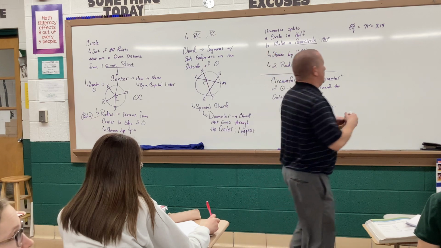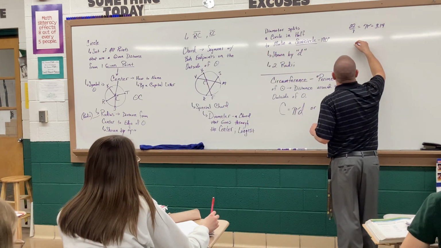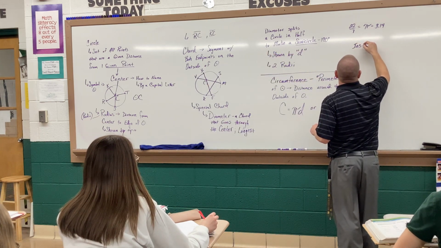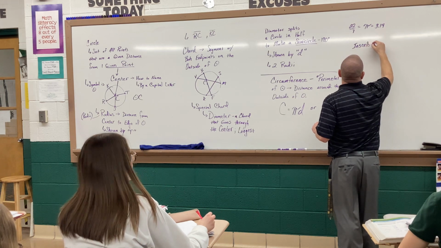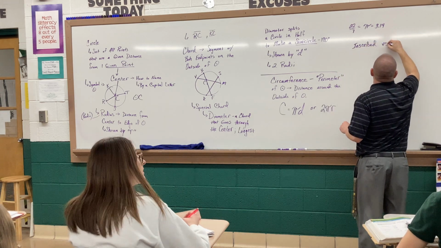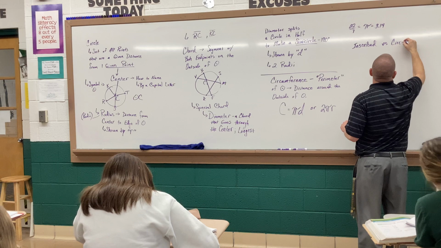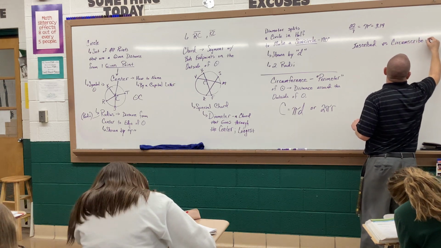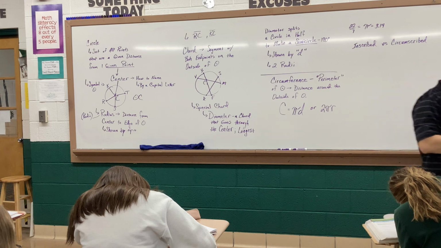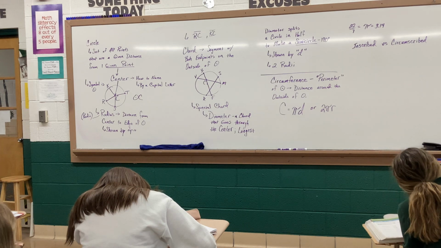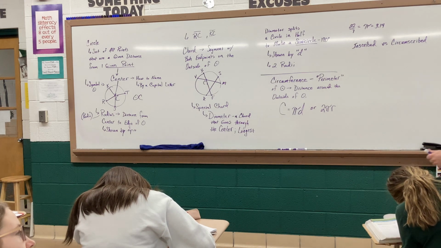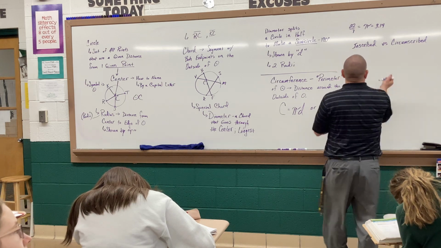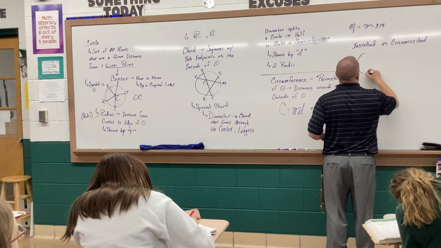From there then, more just kind of vocabulary words, but we talk about inscribed versus circumscribed. Now they both involve a circle, but if you have something inscribed, what's that mean? It's going to be, what'd you say, Ms. Streckman? Inside.